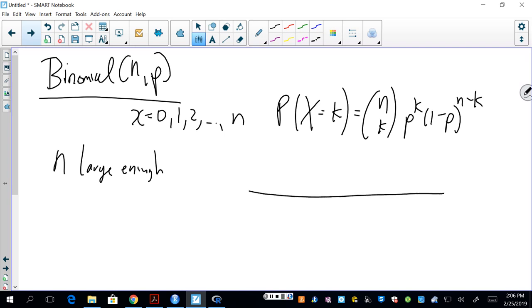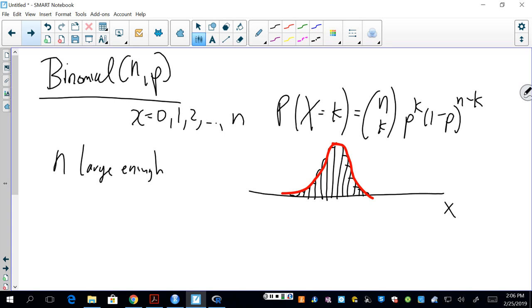So for large values of n, here's the probabilities, I guess that's called k, but they look pretty normal. And what it says is you can approximate probabilities by not necessarily adding up all those little points, but instead doing a normal calculation.